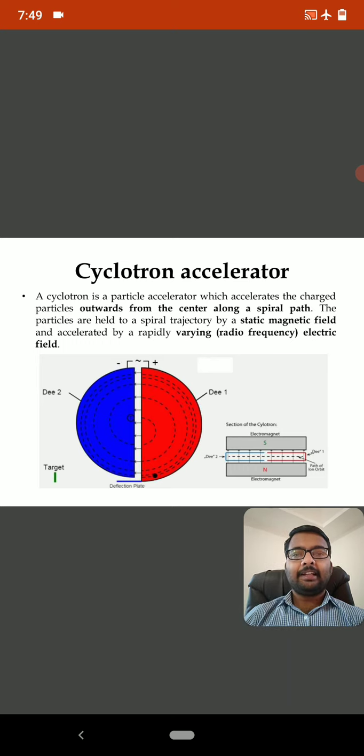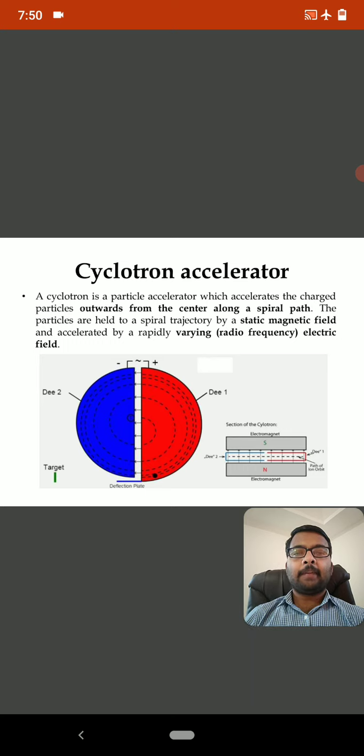The particles are held to a spiral trajectory with the help of a static magnetic field, and these particles can be accelerated by a rapidly varying electric field.